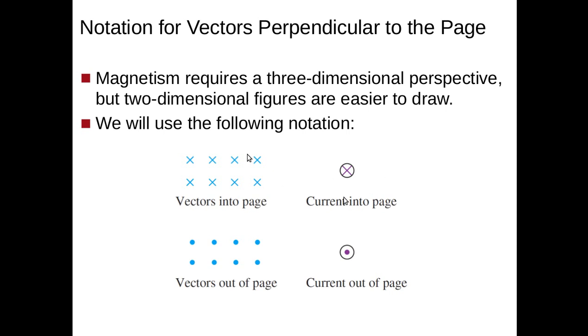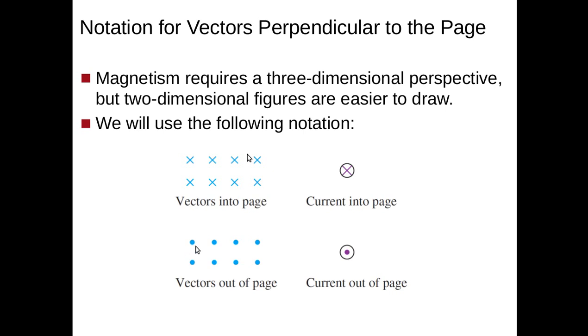We're going to be dealing with currents going into and out of the page too. So we use the same notation, but we put a circle around it to represent a current inside of a wire. Vectors going out of the page are like the tip of the arrow coming towards you.